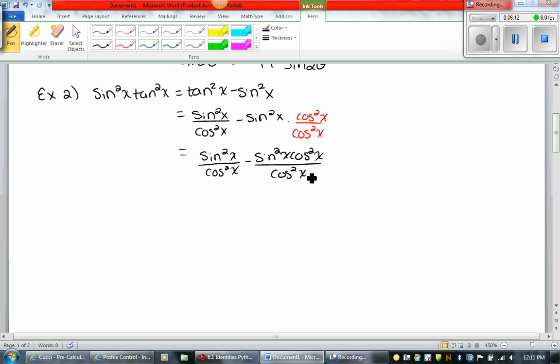We can write that as a single fraction: sine squared x minus sine squared x cosine squared x over cosine squared x.